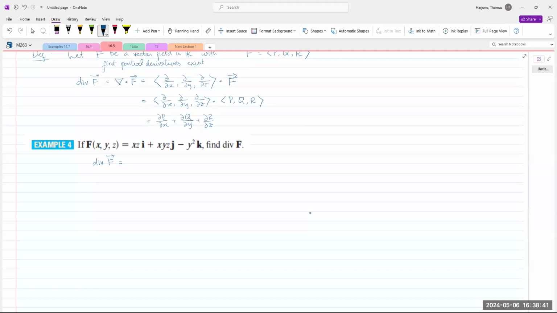You can also say that this is gradient dot vector field F, that equals the first component, the x component, you take the derivative with respect to x, plus the y component, the derivative with respect to y, and the z component, the derivative with respect to z. Okay, so the divergence will be basically z plus xz for this example. I hope you find it super simple.